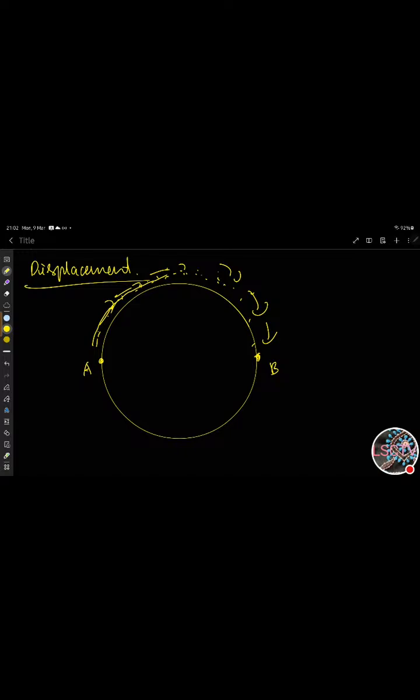Hint. It is this circumference. Okay, I'll highlight it in a different color. It is this circumference.